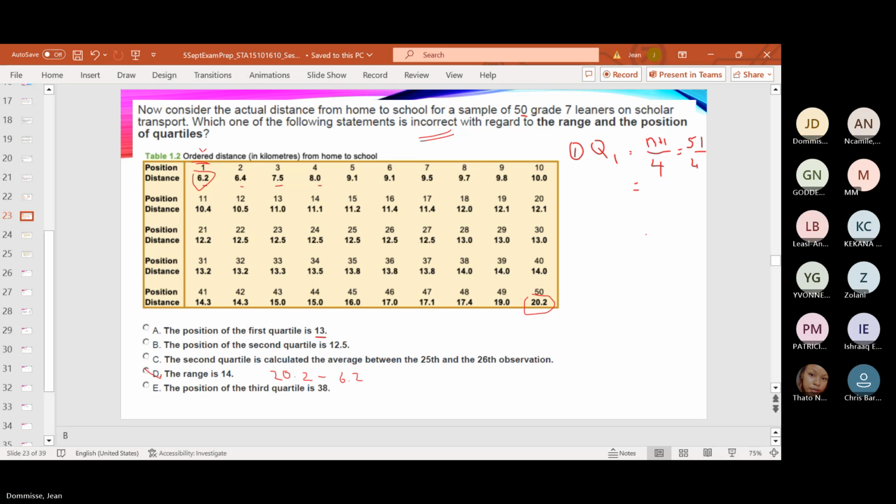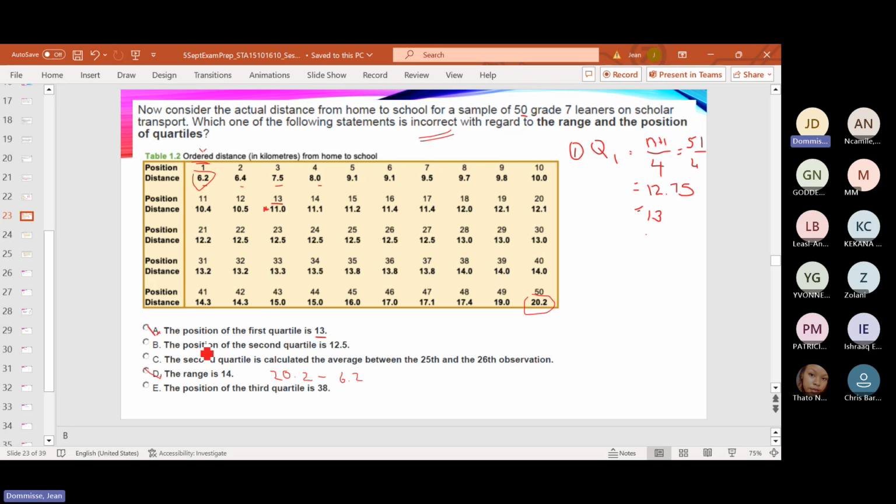And then remember that we round it off. So it would have been 12.75, which will then give us position 13. So the position of a first quartile is 13. There it is. If we needed the number of Q1, it would have been 11.